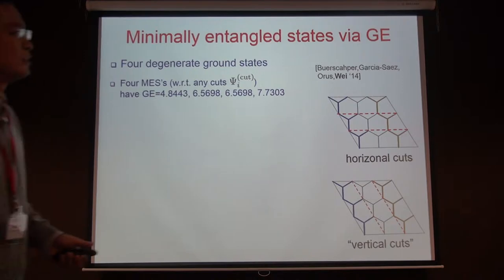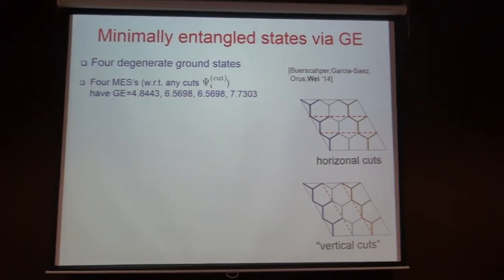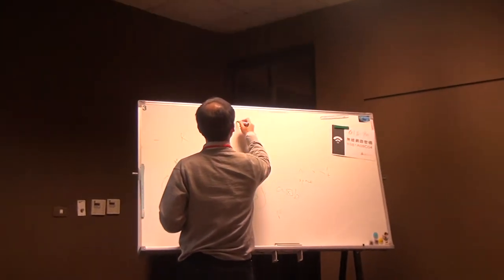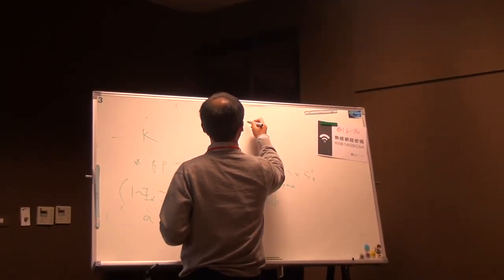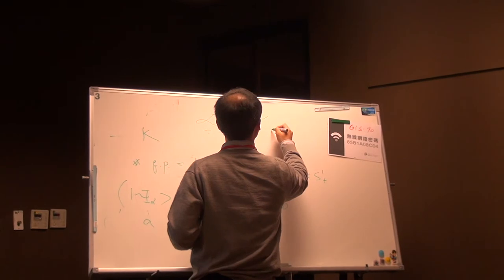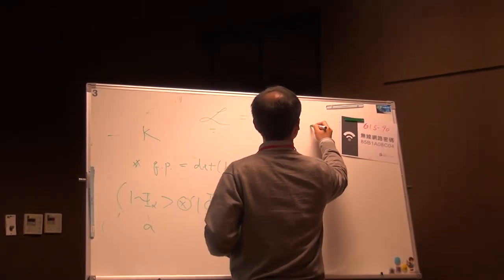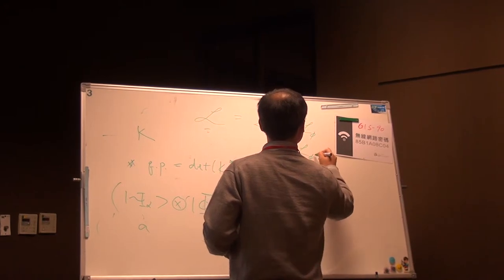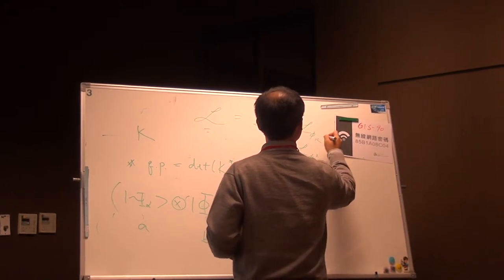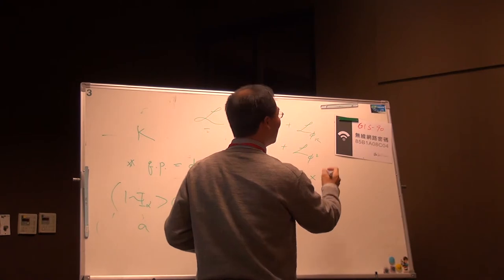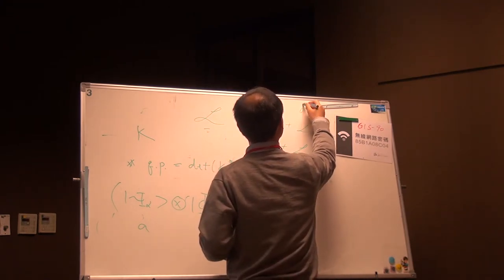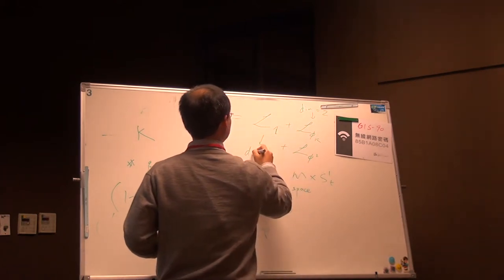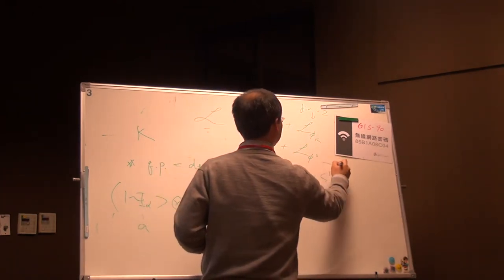Yeah, so the ground space of this model on a torus, let me denote this as a subspace of, let's say, vacuum, and then this has a Fibonacci anyon. This is a bound state, so it's known that this is dimension 2, and this is dimension 1, and this is the dimension 1.